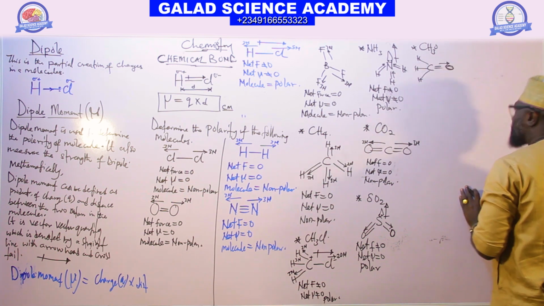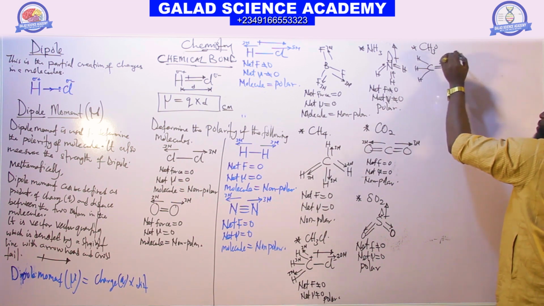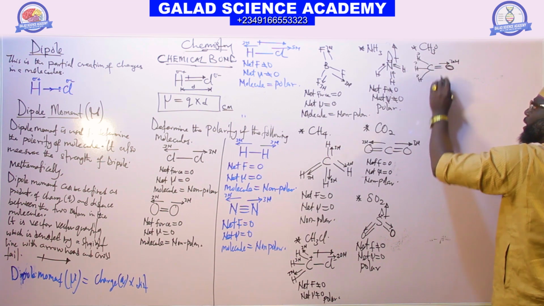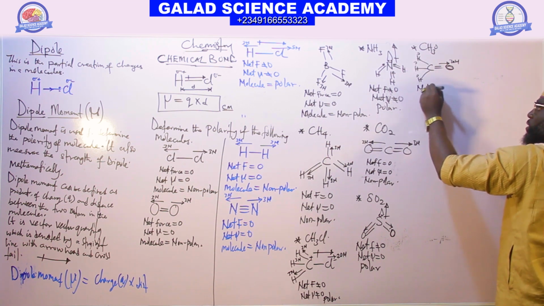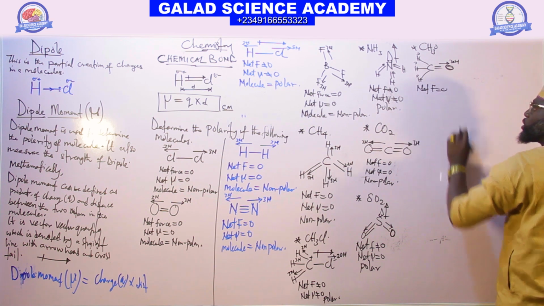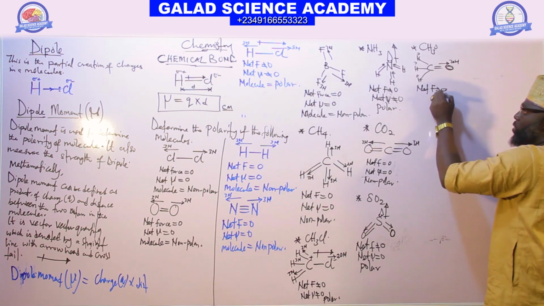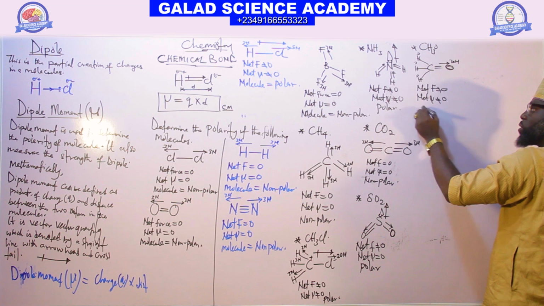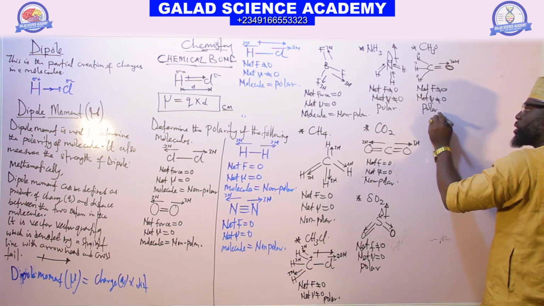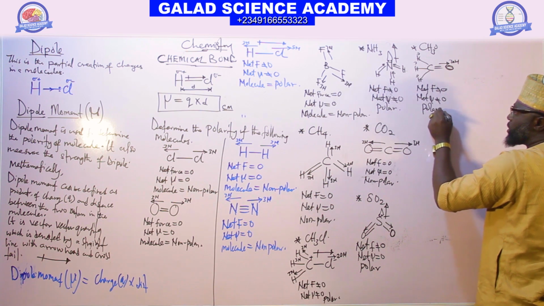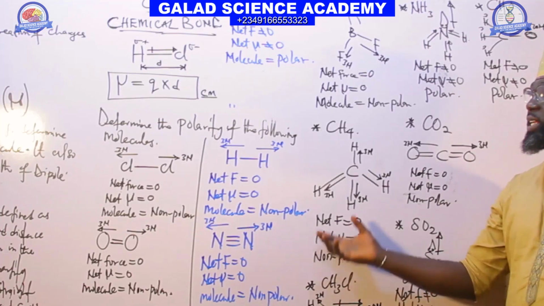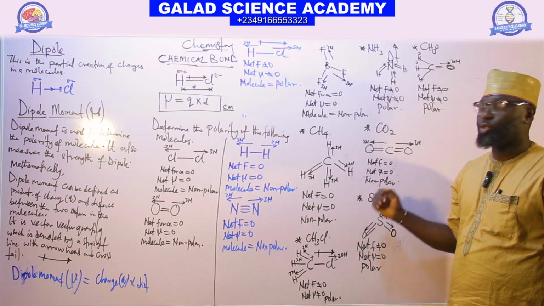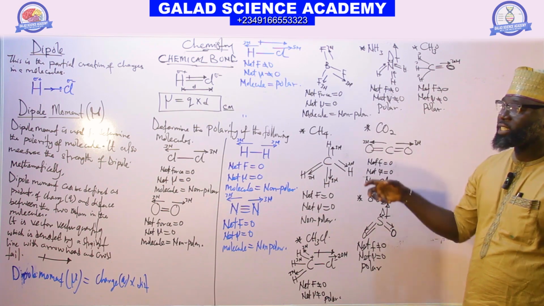Assume it is more electronegative. You can put 20 here, you put 3 here. So this one, net force will be not equal to 0. Net dipole moment is not equal to 0. Therefore, the molecule is a polar molecule, or is a dipole molecule. So this is how we can use the dipole moment to determine the polarity of a molecule.